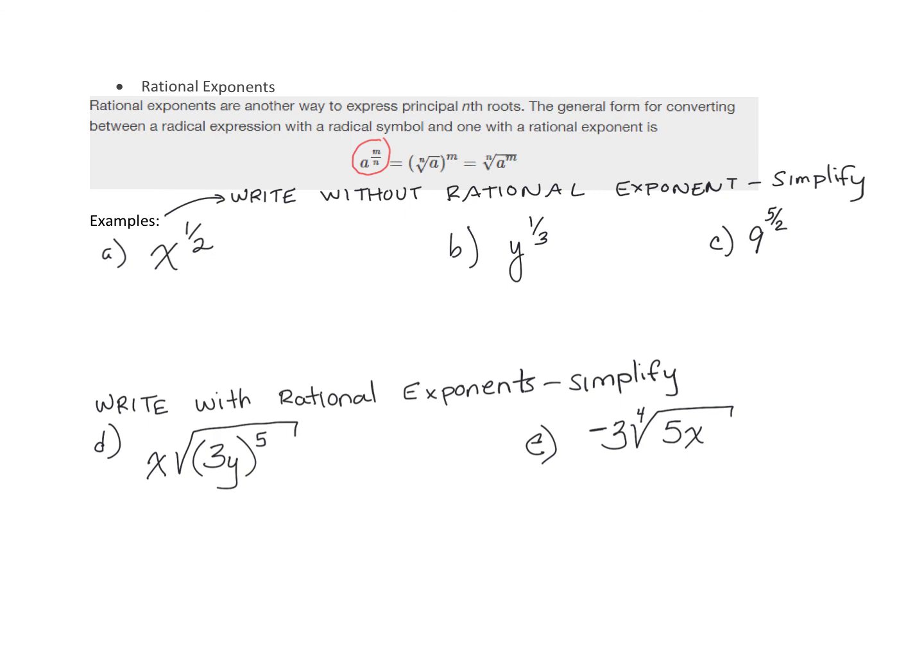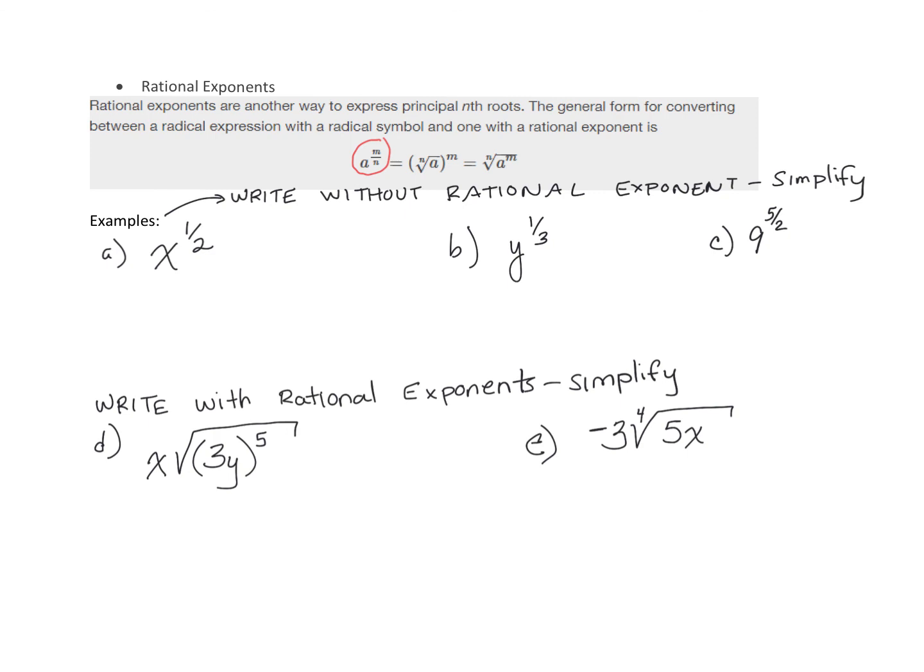So remember, the denominator becomes your index. So we want to be able to do two things. We want to be able to write rational exponents as radicals, and we also want to be able to take something that is a radical and write it as a rational exponent.